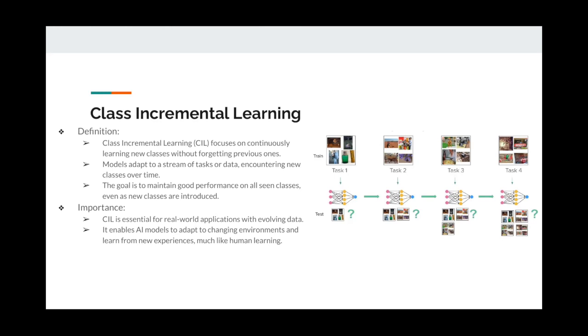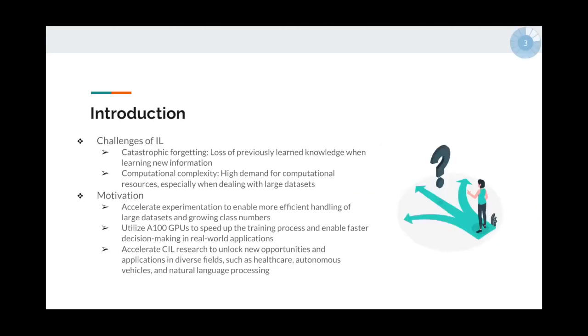Class incremental learning is essential for real-world applications, such as autonomous driving and many other adapting fields that involve large data sets. It's meant to mimic human learning, where you see new examples and can quickly learn.